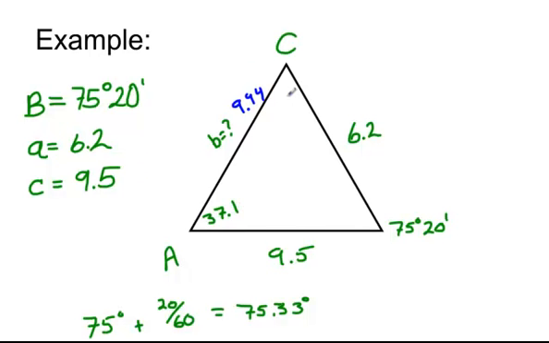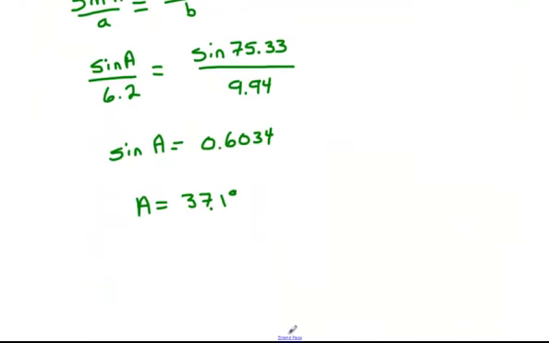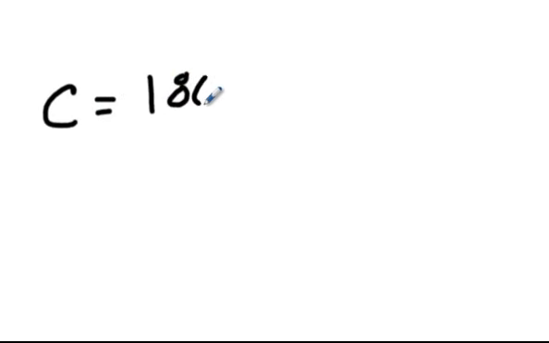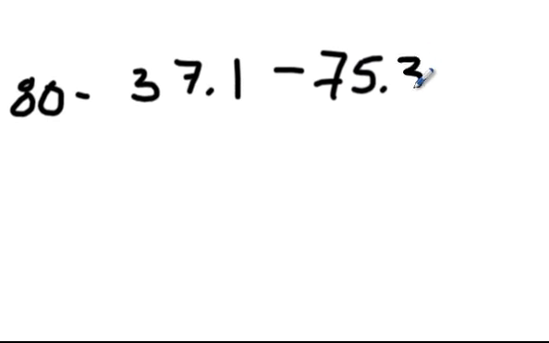That only leaves one angle, which is angle C, and we really don't need to do much work for that. Okay, because what do we know? We know angle C has to equal 180 minus my angle A minus my angle B. And so angle C is going to be 67.57.